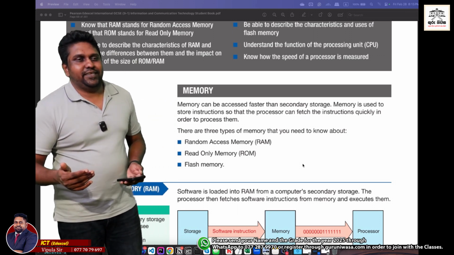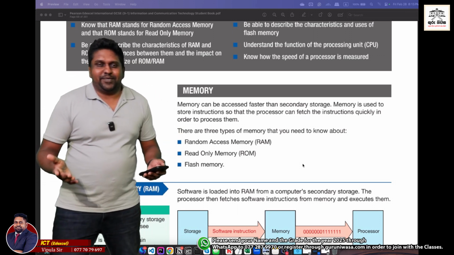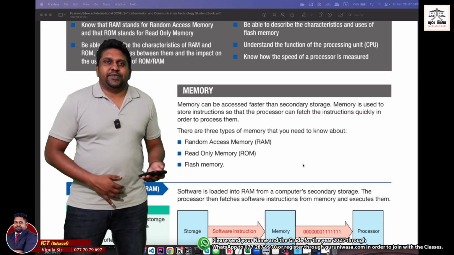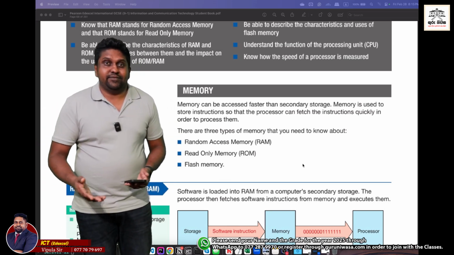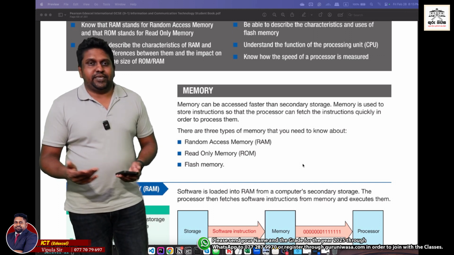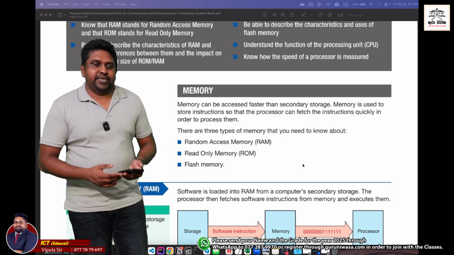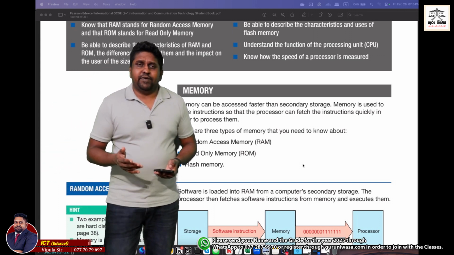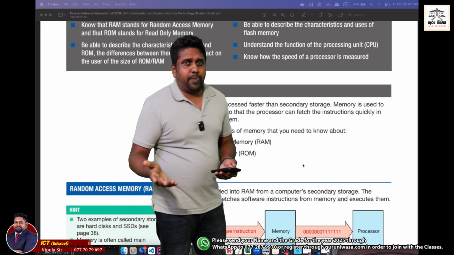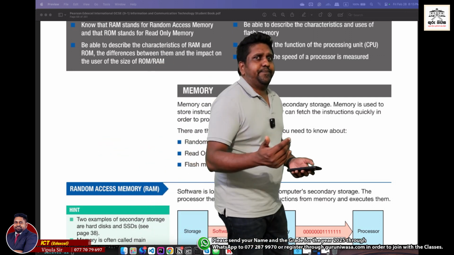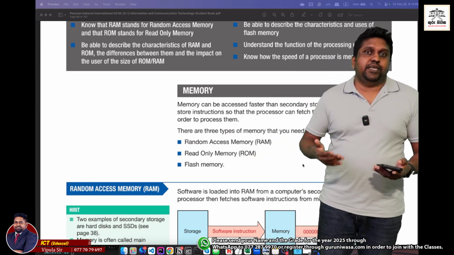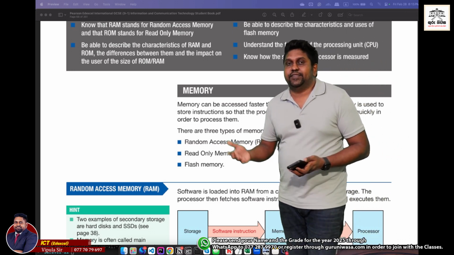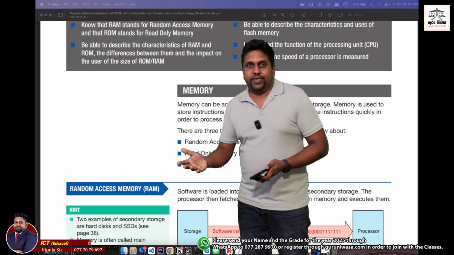Let's say you double click and open a software. When you open something, it can be a game, a video, an MP3 audio file, or a Word document, right? When you double click and open it, your computer initially needs to open that file.